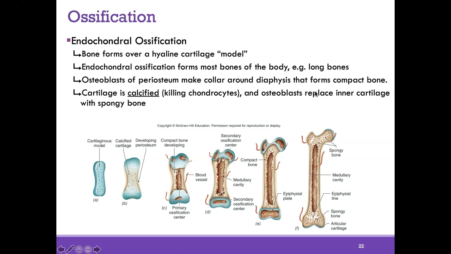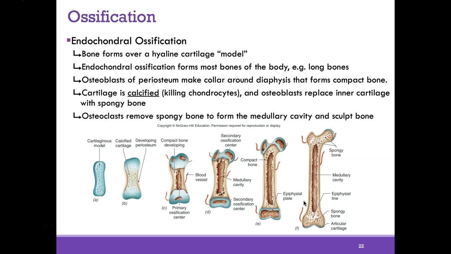And then osteoblasts will replace that inner cartilage with spongy bone. And the osteoclasts remove spongy bone to form the medullary cavity in the center. And of course, the medullary cavity allows us to store bone marrow.